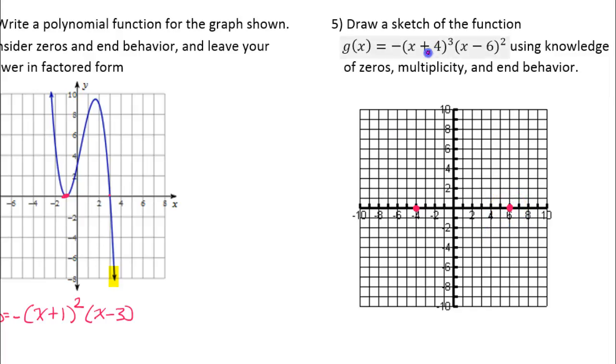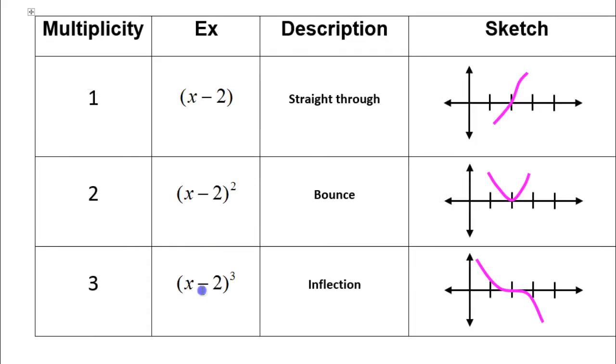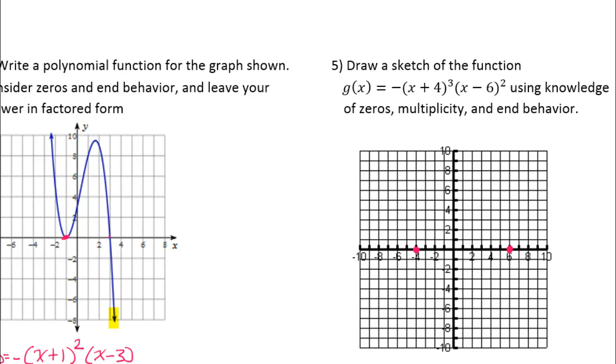Now, let's talk about bounces and inflections and whether or not the graph just goes straight through. Because this is multiplicity 3, we learned that when you have a triple, it's going to be an inflection like this.